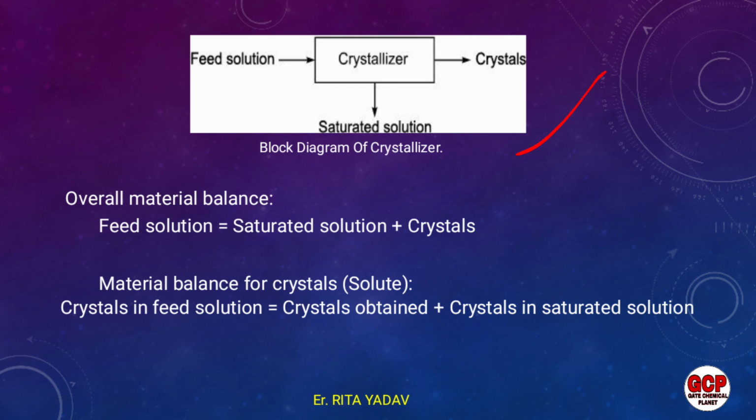Feed solution equals the saturated solution plus the crystals formed. Now we will write the component balance for crystals, which is the solute here. The crystal in the feed solution equals the crystal obtained plus the crystal in the saturated solution. This is the solute balance, or the crystal balance, or the component balance for crystal. I think it is clear to all the students.